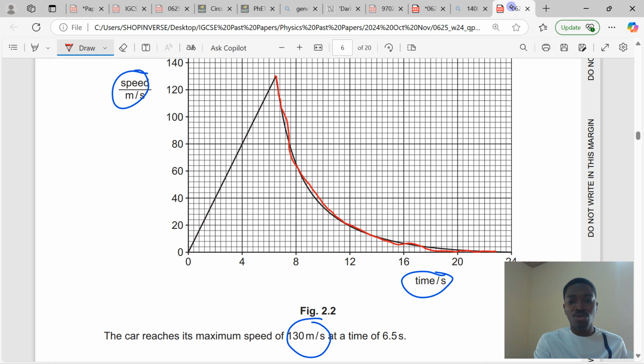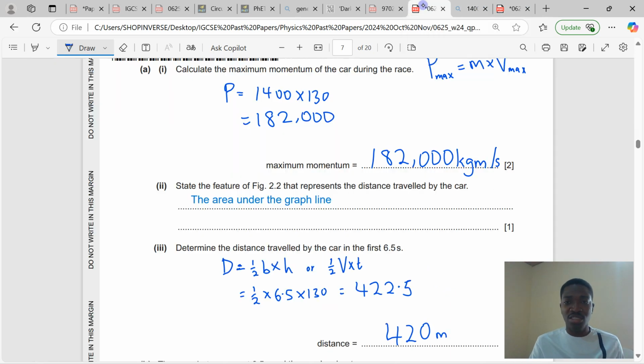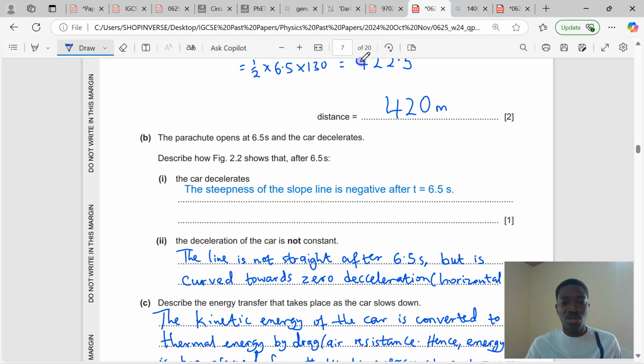And this kind of curve shows you decreasing, it shows you deceleration. It shows that a body decelerates until the velocity of the object becomes 0. So that negative slope shows deceleration. The steepness of the slope is negative after 6.5 seconds.